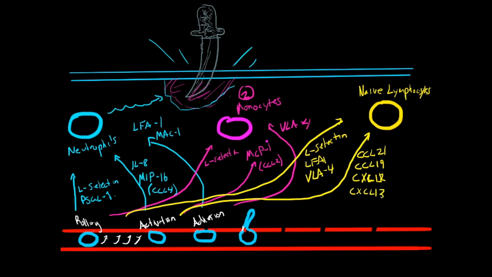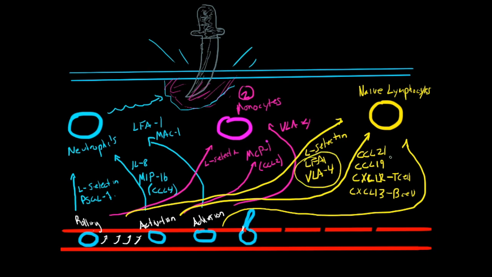Let me just check. Yeah, 13. So 12 is for T cells, and 13 is for B cells. For adhesion, they use the same molecules as before, VLA4 and LFA1.